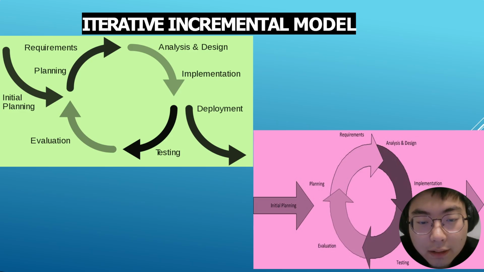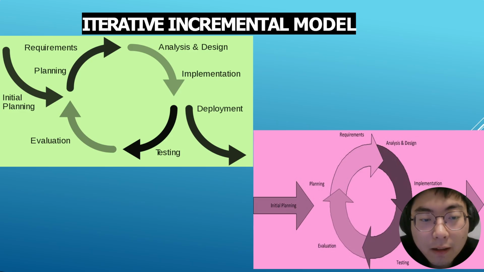From this slide we can see the development process is broken down into smaller self-contained loops which we call iterations. Each iteration functions like a mini project going through a full development cycle. That includes planning, requirements analysis, design, implementation, development, testing, and evaluation.